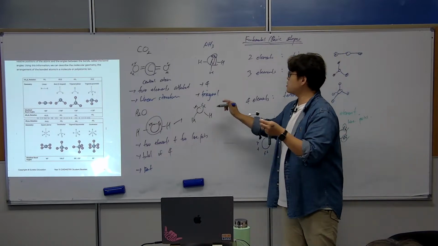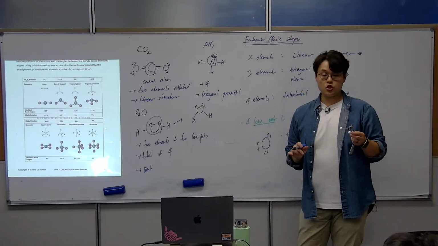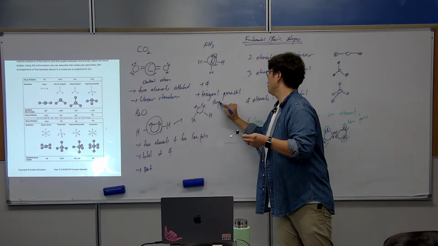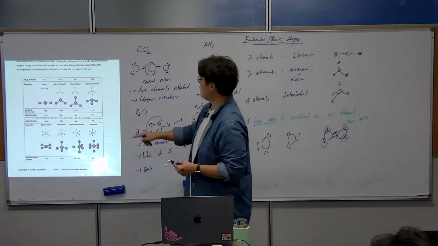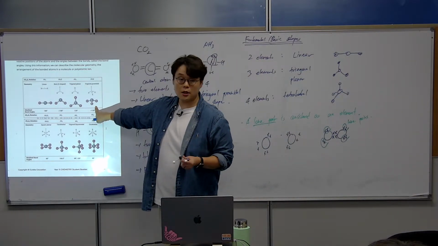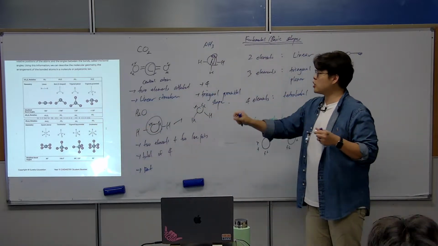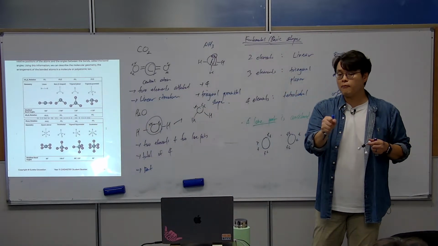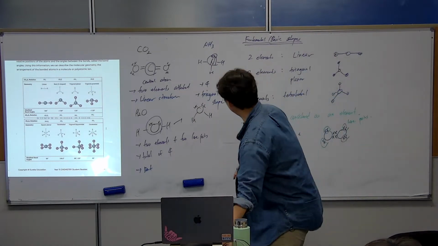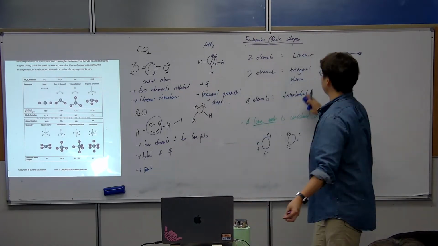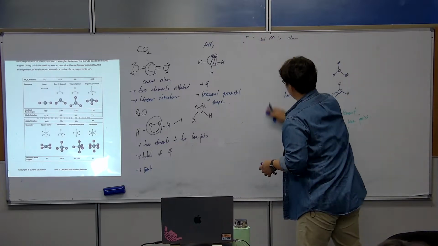So this is known as the trigonal pyramidal shape. The way we can find that shape always starts from the central atom. Can I delete that now? Linear and trigonal. Okay. If you need help, let me know.